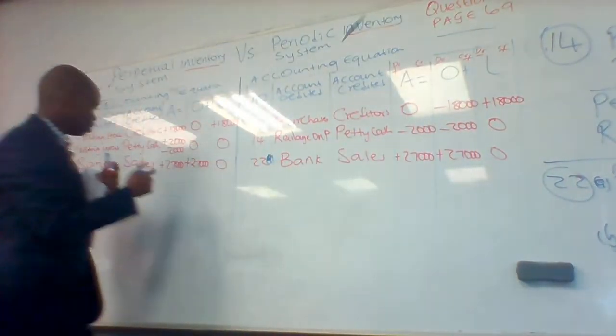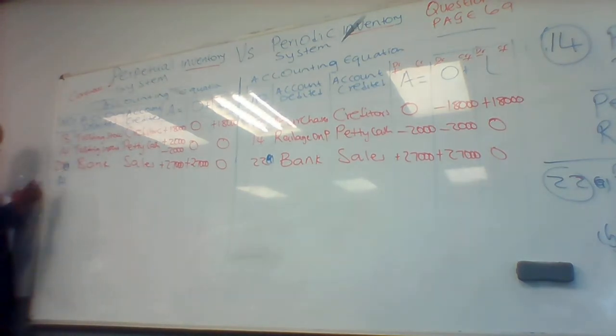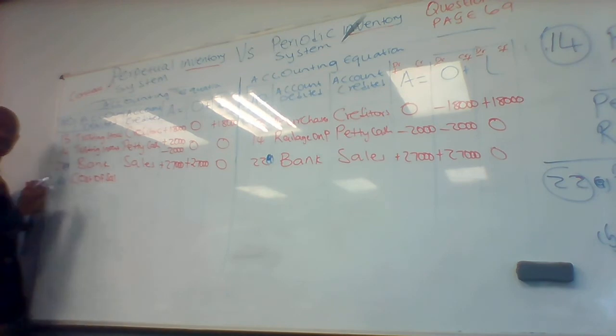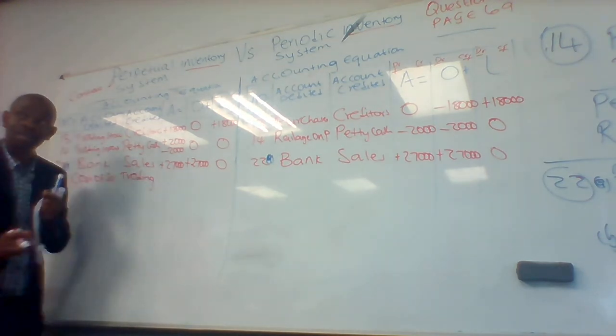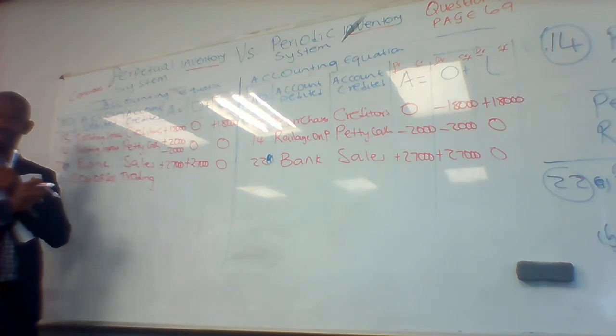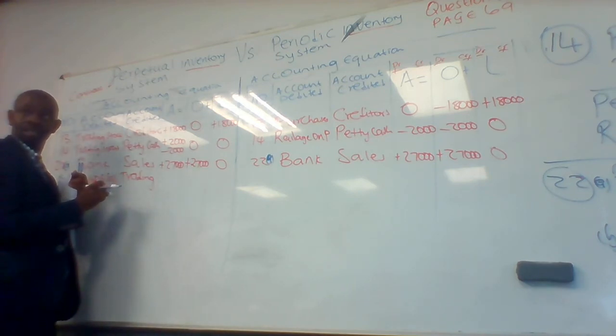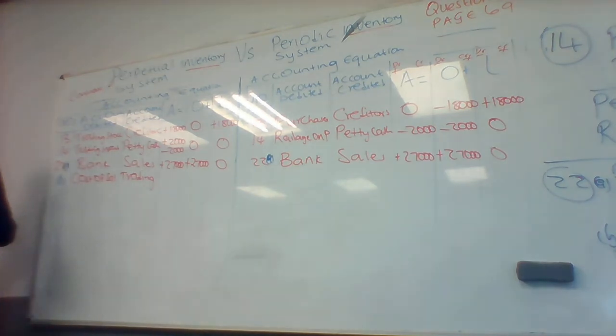And then let's come here. Obviously, I'm there. Cost of sales, trading stock. Don't have space there. Plus or minus? Check. Minus.